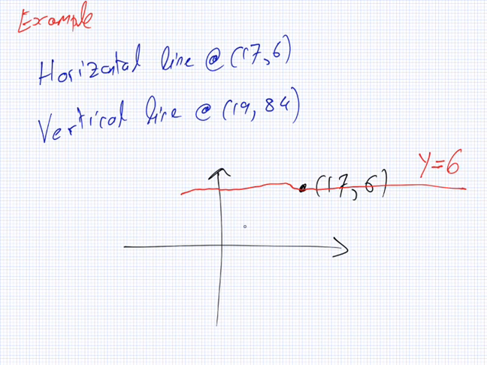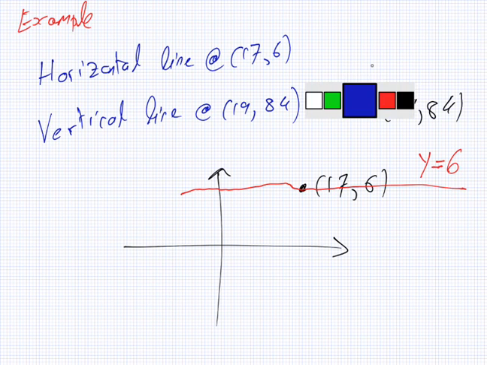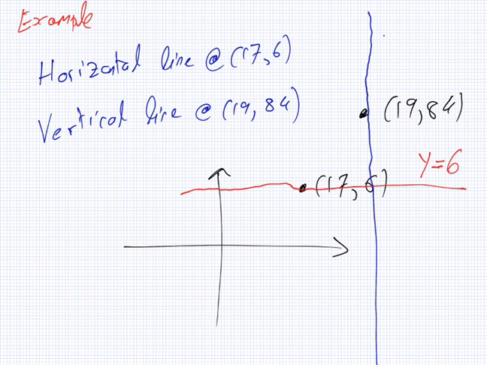And then here, let me put it over here, 1984. This one is a little bit more difficult, but you could probably guess the answer. If I want the equation of this line, Y is 0. What's this one? X is equal to 19.